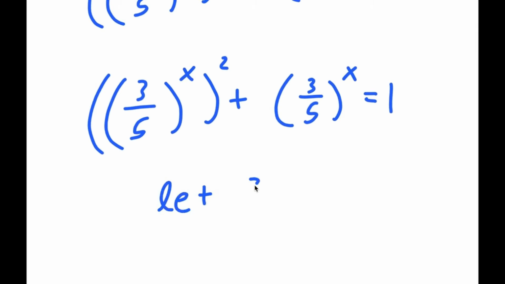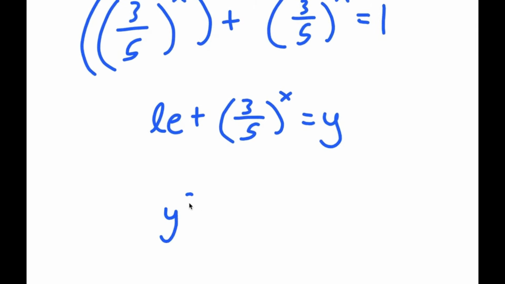From here, I'm going to let 3 over 5 to the power of x equal to the variable y. So now I have y squared plus y minus 1 equals 0.